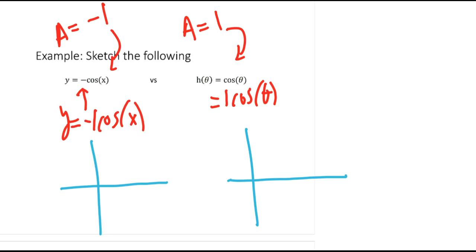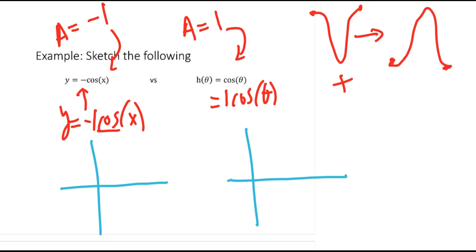Since a is -1 and it's cosine, we know that cosine is going to be the V, but this one is positive, so I need to convert it into the -1. Sorry, that is not good. Something like that. Okay, and this one is the -1.